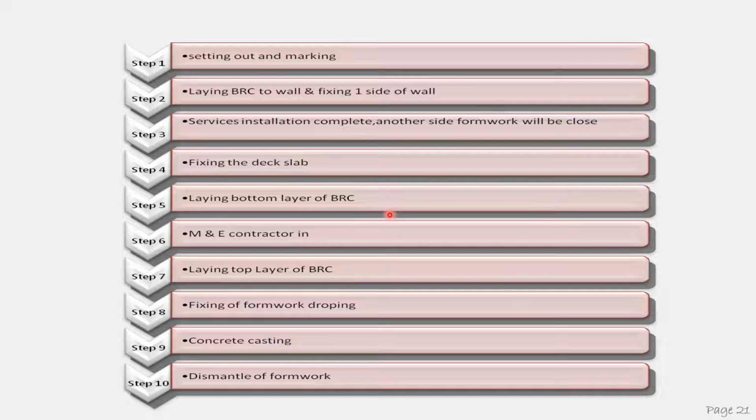BRC means you have 2 layers of BRC, and in between the BRC you put any services conduit that is required. That's why in step 6 you have the M&E contractor. Then fixing the formwork and concrete casting. Once the concrete has hardened, then dismantle the formwork.